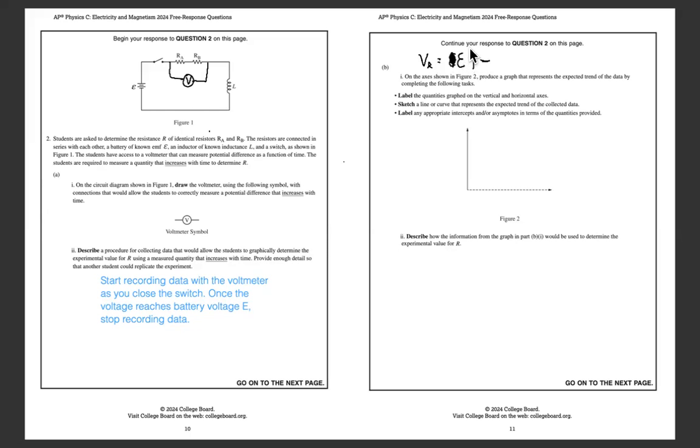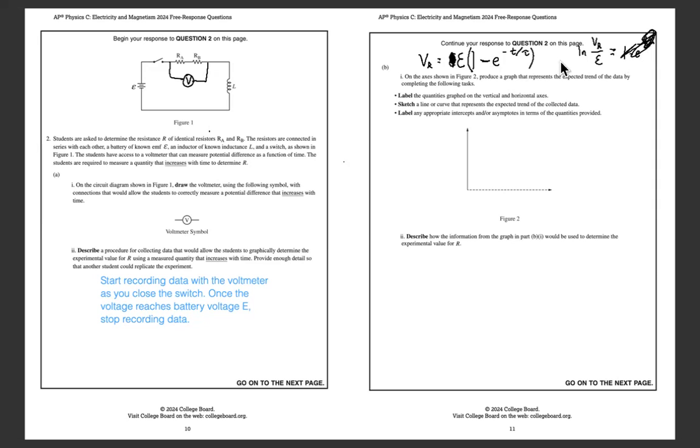So it should actually be something like E times (1 minus e to the negative t over time constant). So what I still want to do is, if I wanted to get something that would give me a nice straight line, I would still need to plot the natural log of something. So I would get V of R over E, right? Natural log of that should equal 1 minus e to the negative t over tau, not that, sorry.